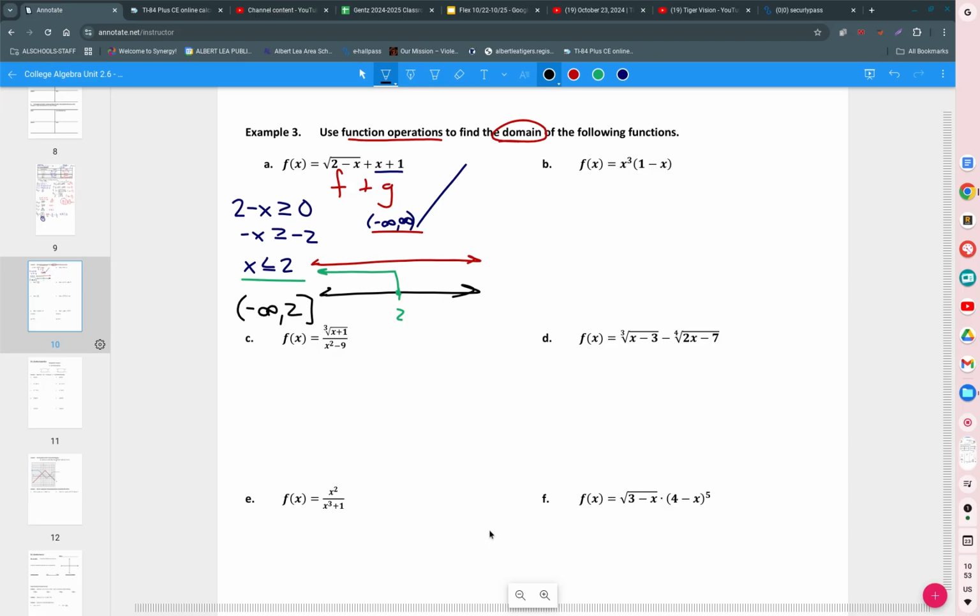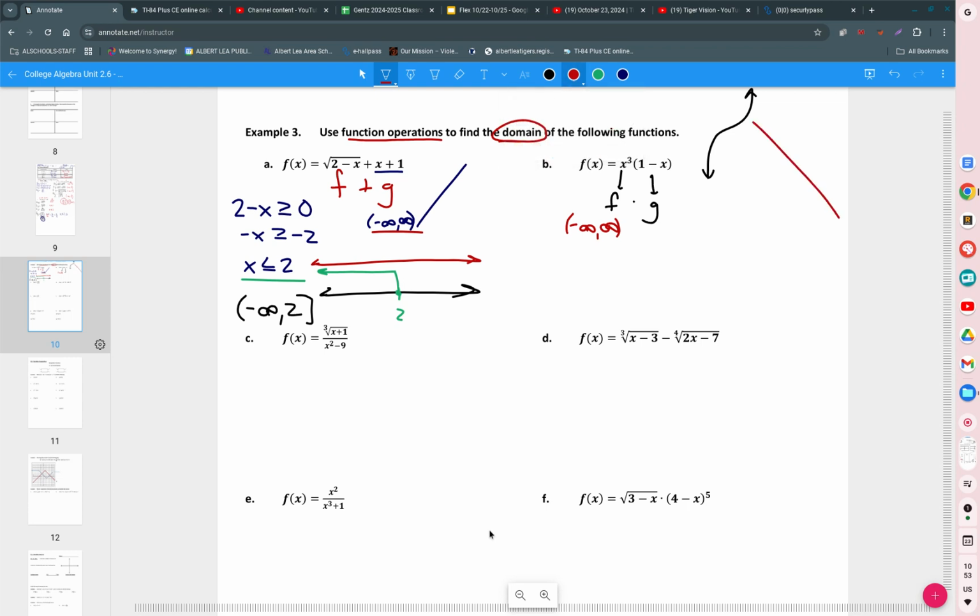Okay. The next one, I have two functions. This is f and this is g, and they are being multiplied together. X cubed, this cubic, has that kind of a shape. What's the domain of a cubic? All real numbers from negative infinity to positive infinity. The next one is a line.